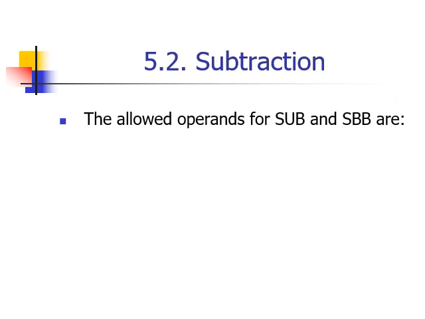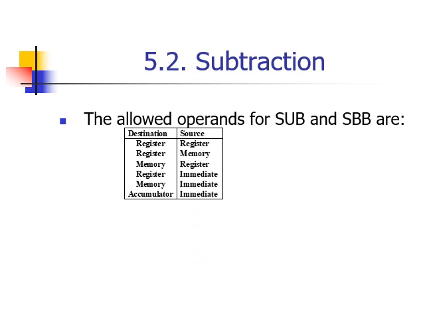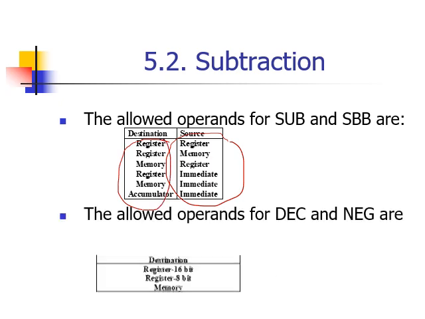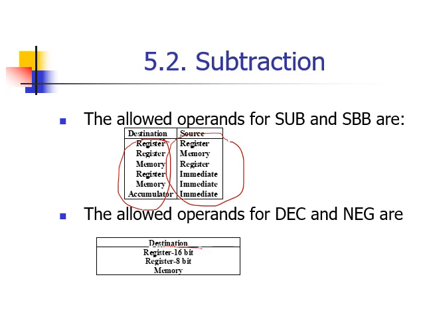Okay, example. These are the operands used with the source. These are the operands used with the destination. And here are the operands used with decrement and negate.